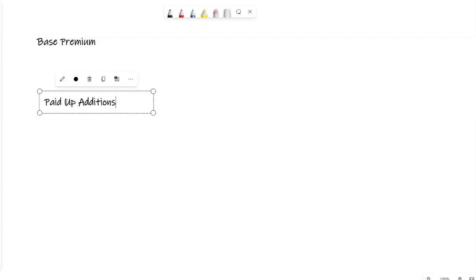Anyway, so these are the two parts of the policy. It can get a little more complicated under paid up additions. There are term riders and blended term riders. Well, let me say blended term riders, not a term rider, but a blended term rider also kind of falls into the paid up additions category, because a portion of what you pay into that goes into paid up additions.